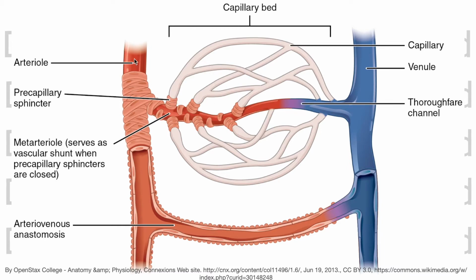As you can see, this is an arteriole that gives off the capillaries, guarded by the so-called precapillary sphincter, and then through the capillary bed, the venules arise to become veins at the end. Sometimes you will find an arteriovenous anastomosis, especially for heat exchange, as we explained before.